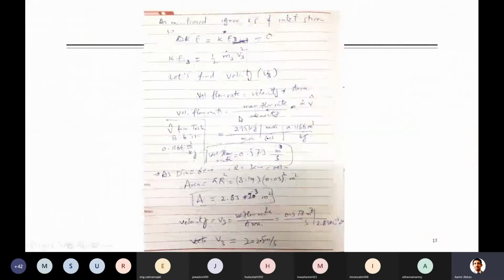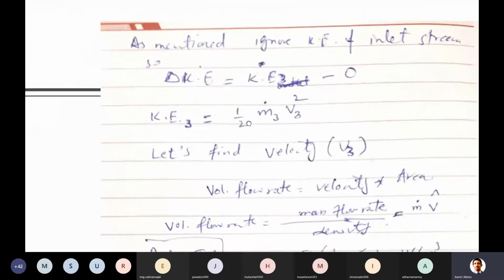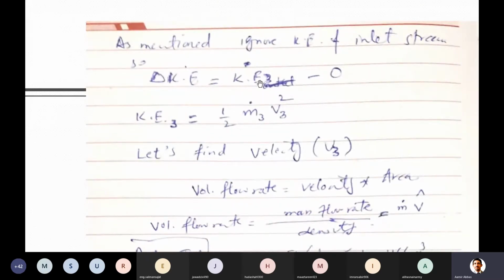So overall, the change in kinetic energy is the kinetic energy of the outlet stream, the third stream, minus the kinetic energy of the first and second streams.